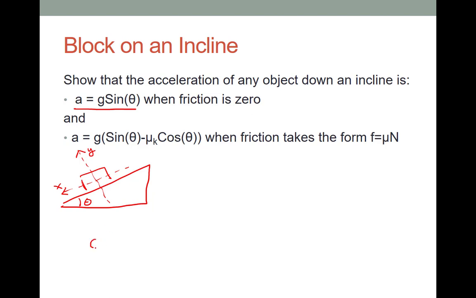If we think about the free body diagram, we have the normal force between the ramp and the block pointing along the y-axis. We have friction that will point up the ramp along the negative x-axis, and we have gravity pulling downward.